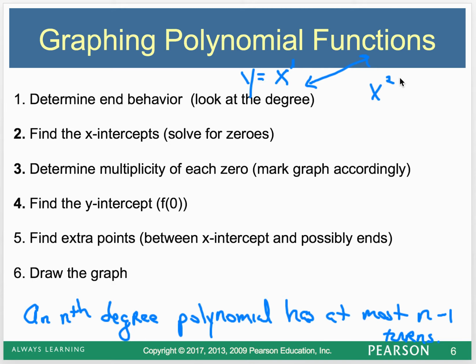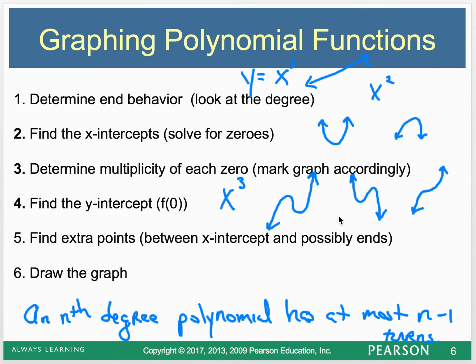It can have at most one turn, and yes, they either look like this or like this. A cube can have at most two turns, so it could look like this, 1, 2 humps, 2 turns, or like this. Or it doesn't have to have any, but the most it can have is 2.